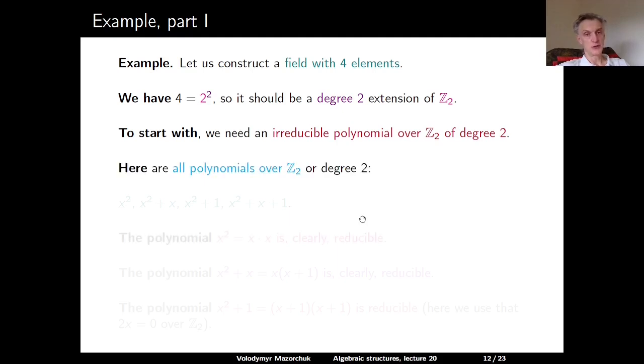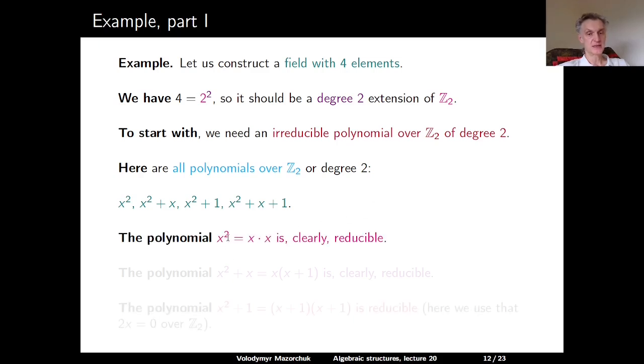We can list all polynomials over Z2 of degree 2. There are 4 of them, because Z2 has just 2 elements, so we can only choose the free term and the coefficient at x. So our polynomials are x squared, x squared plus x, x squared plus 1, and x squared plus x plus 1.